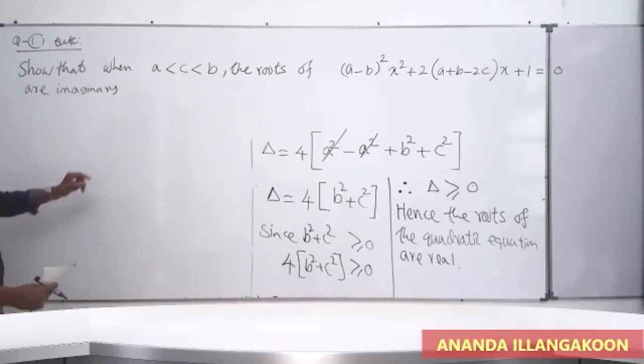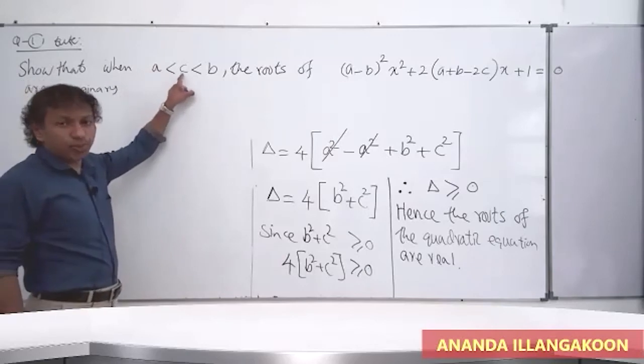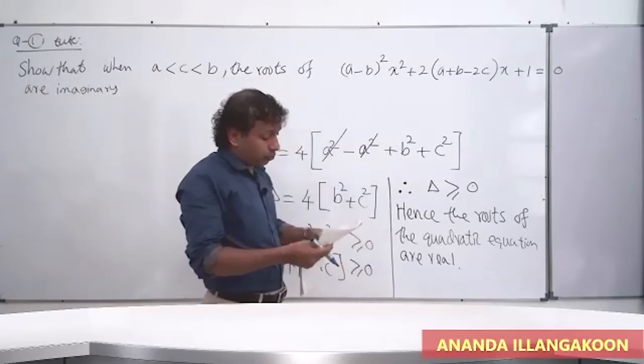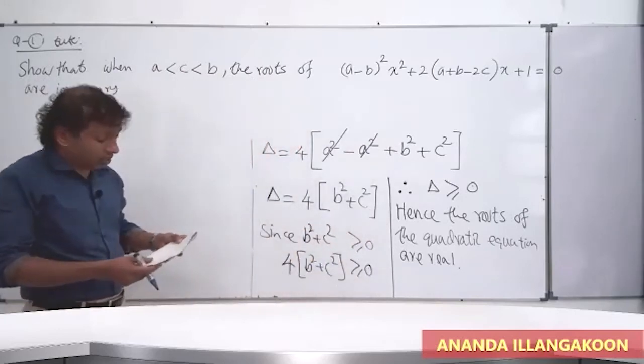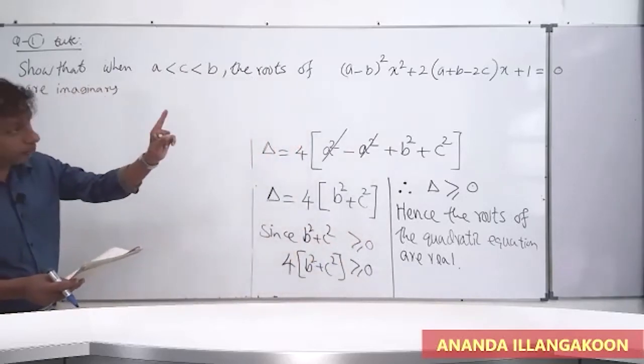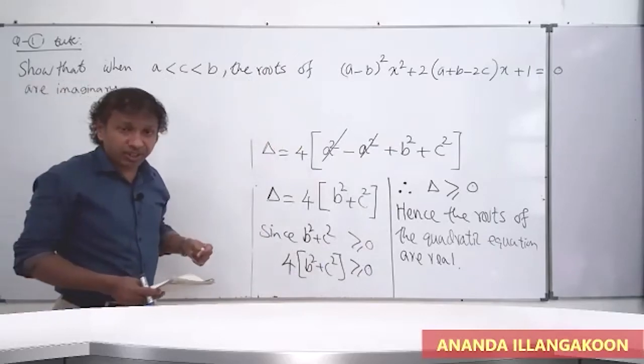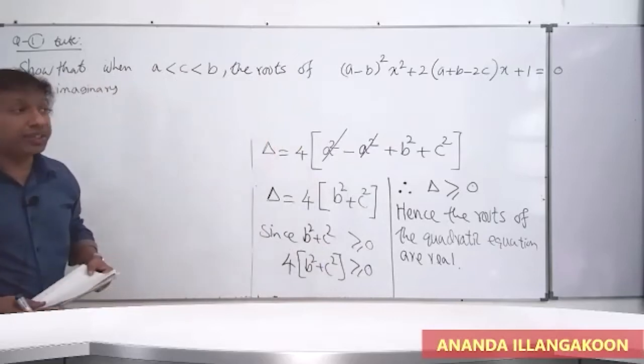Show that when a < c < b, this quadratic equation has imaginary roots.